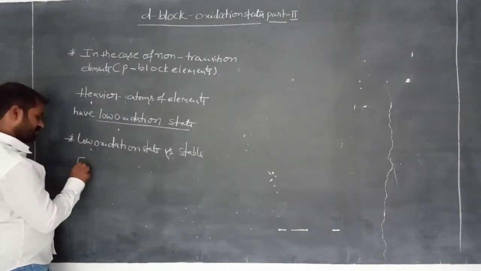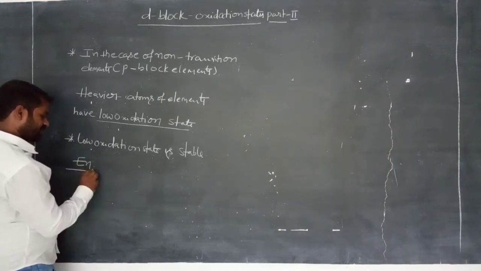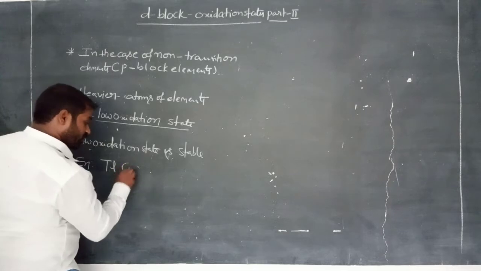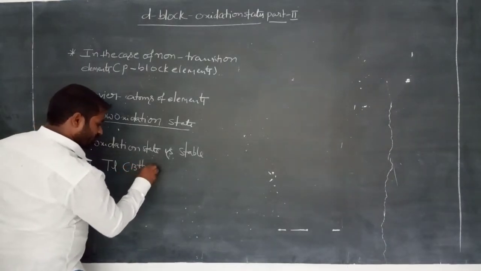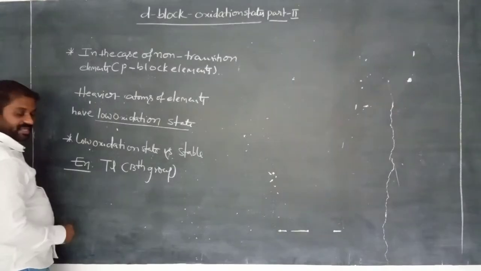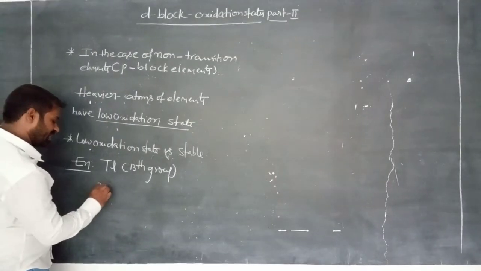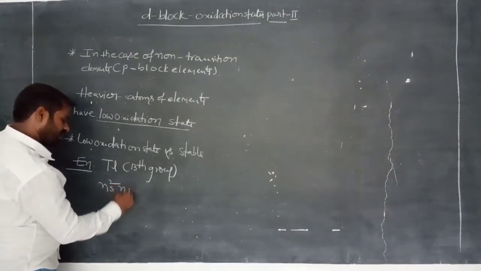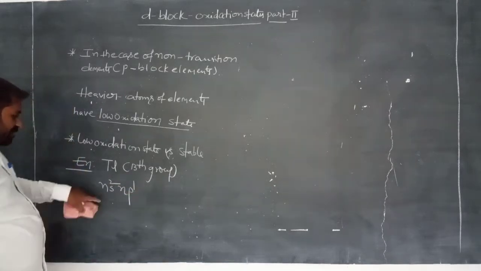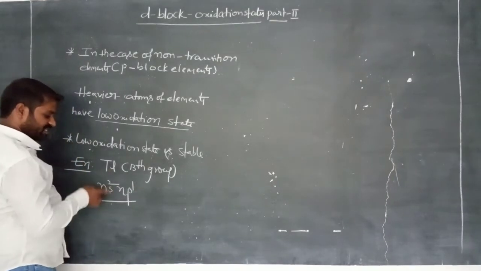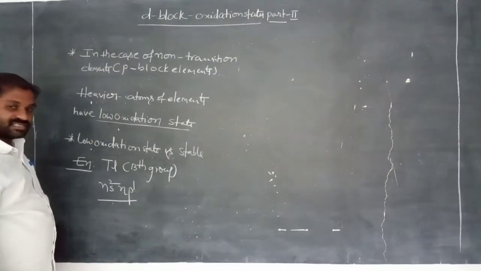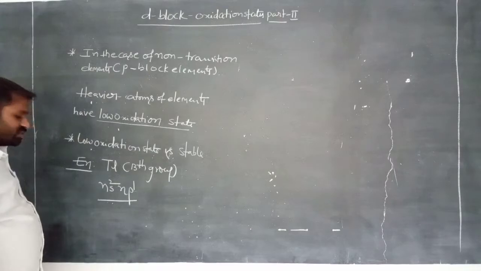For example, thallium, it is a P block element, 13th group element in the periodic table. Its valence electronic configuration is ns2 np1. This is the outermost shell electronic configuration of thallium. There are 3 electrons, one is in p, another two in s.